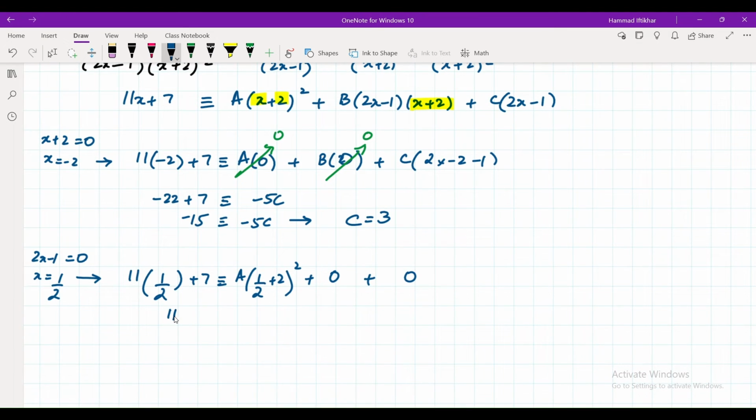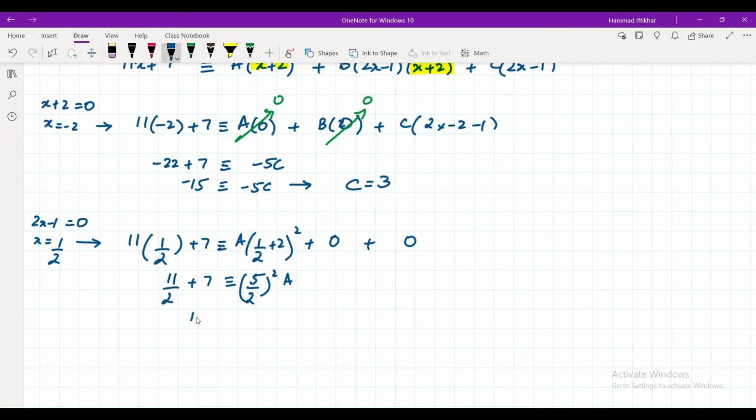So 11 over 2 plus 7. The half plus 2 is 2.5, that's 5 over 2. So 5 over 2 whole square times A. So the left side would become 11 plus 7 times 2, 14, and the right side 25 over 4 A.